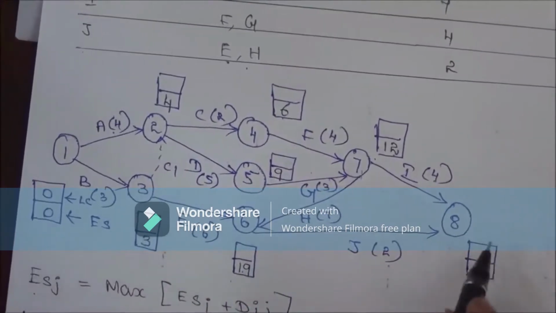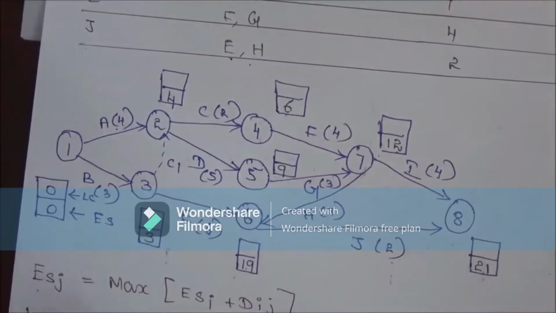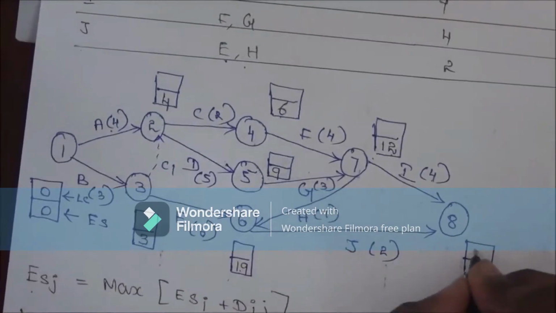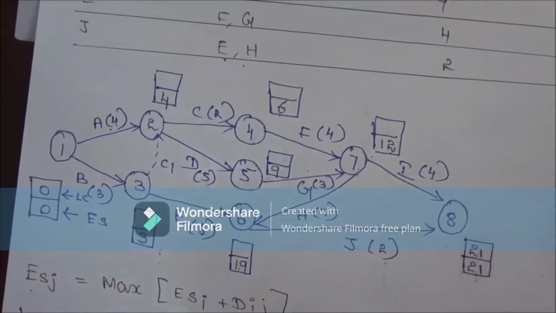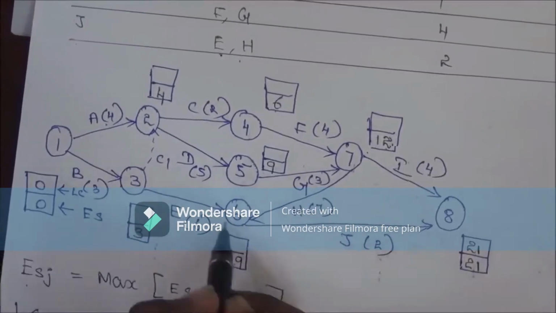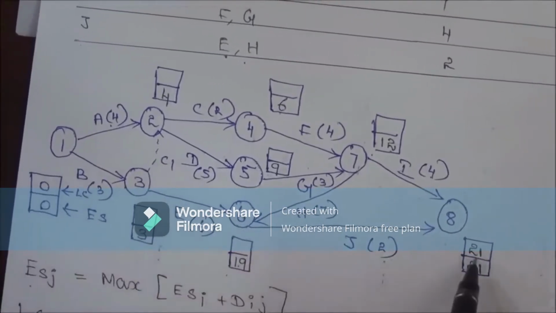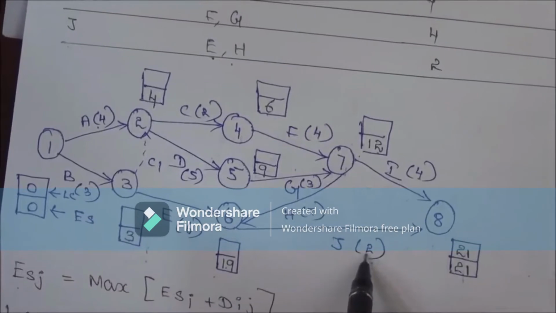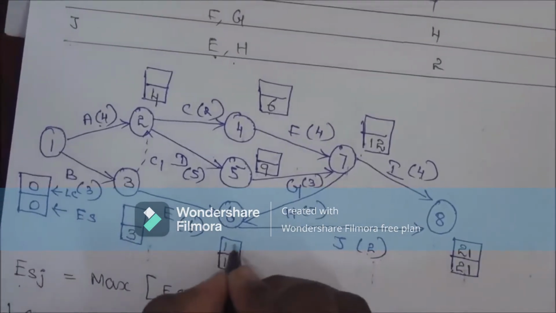We have to proceed with a backward path for calculating the latest completion time. Start with 21. The reverse path, calculating for node 6, is 21 minus 2, which results in 19.